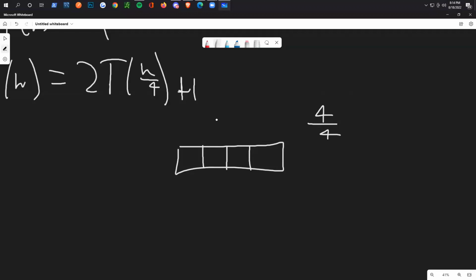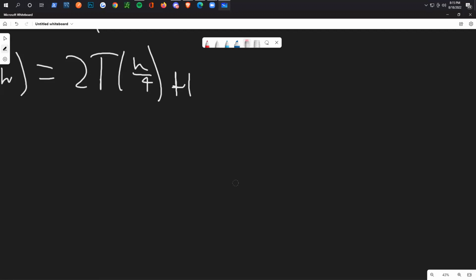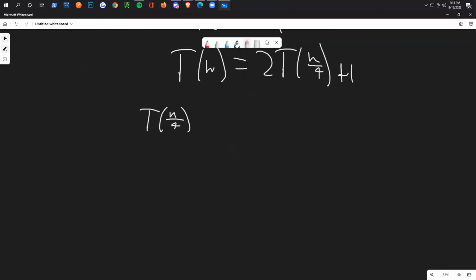Actually not necessarily that. You're going to be going on a fourth of the array. So you're going to divide whatever n is by 4. You're going to do that recursively. So pretty much what I'm trying to say is the trend is you're going to go n divided by 4, n divided by 16. So this is what our recursive steps are going to look like.